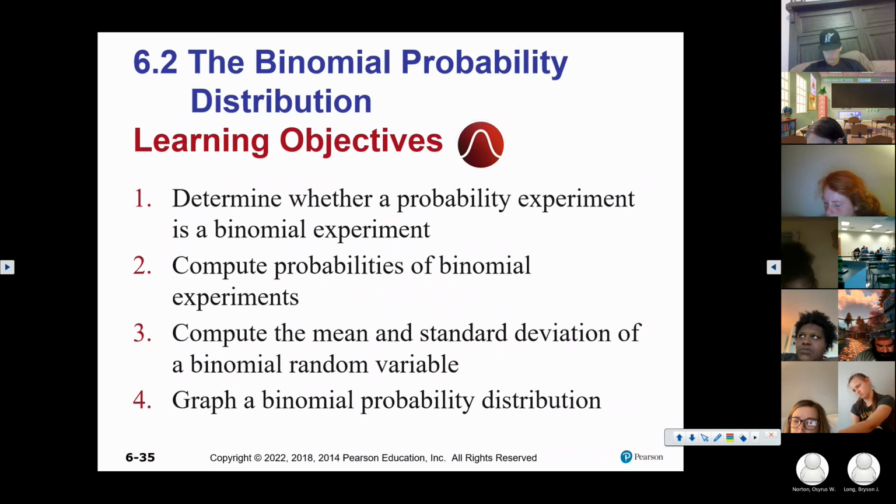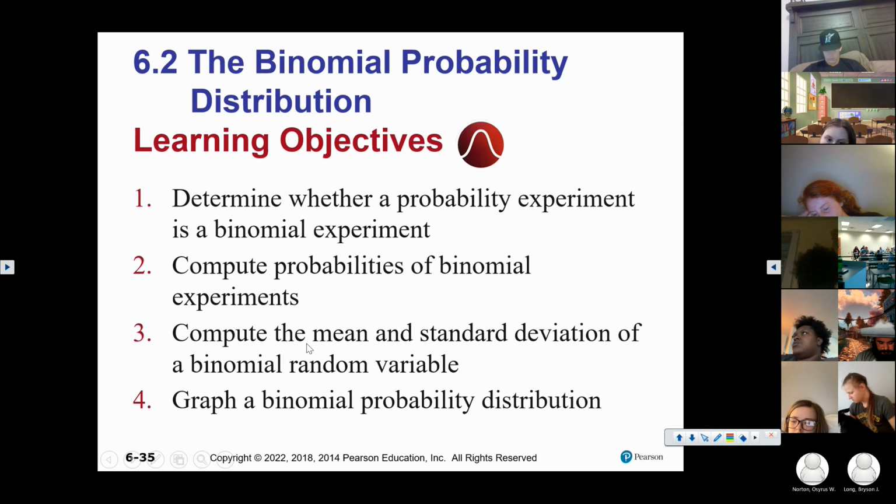N is 50, P is 0.4, X is 10. Write that down. N is 50, P is 0.4, and X is 10. And you would type that in your calculator and get a probability. And that would be the probability that if you flip that coin 10 more times, it's going to hit heads. Okay, that's an example of what you're going to be doing in 6.2.